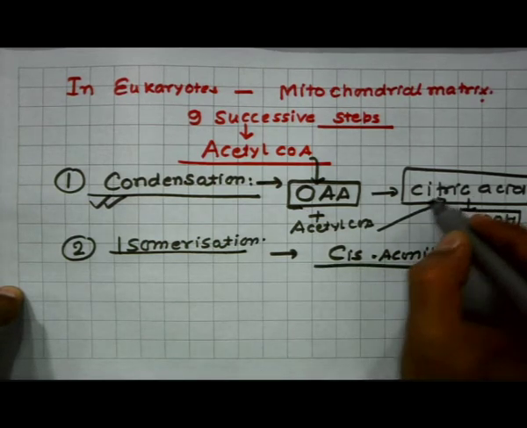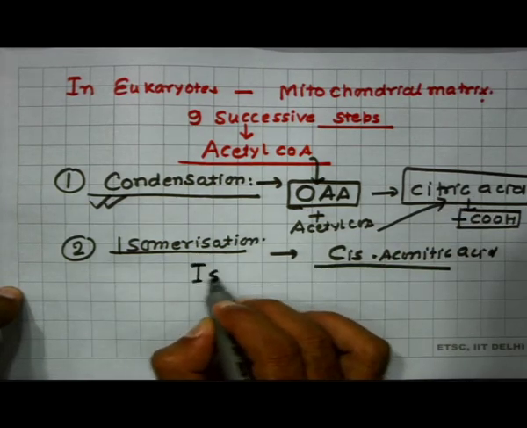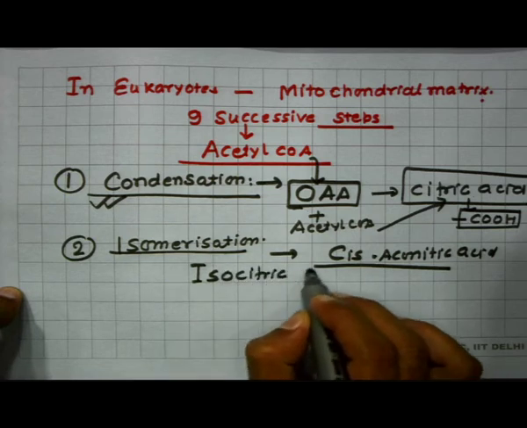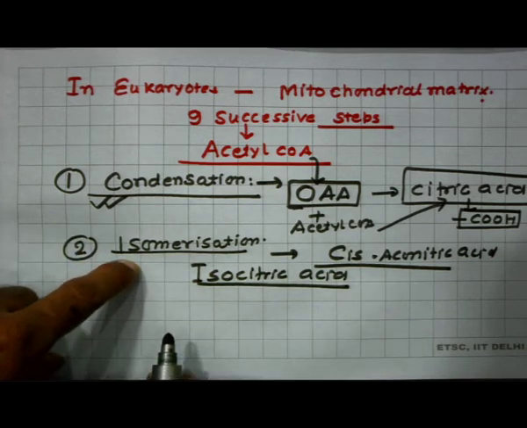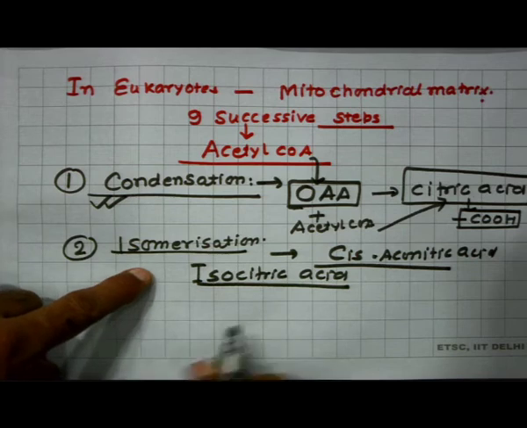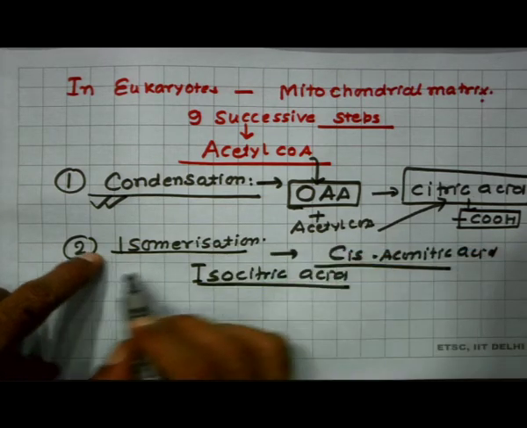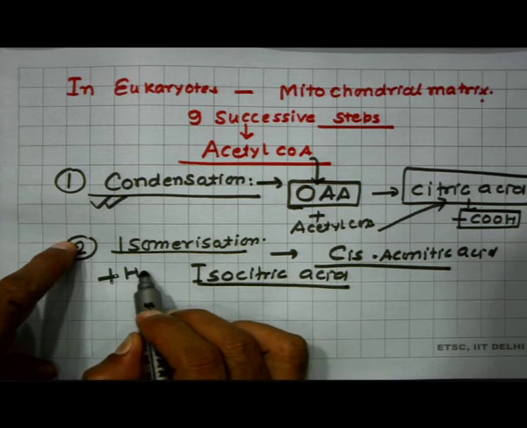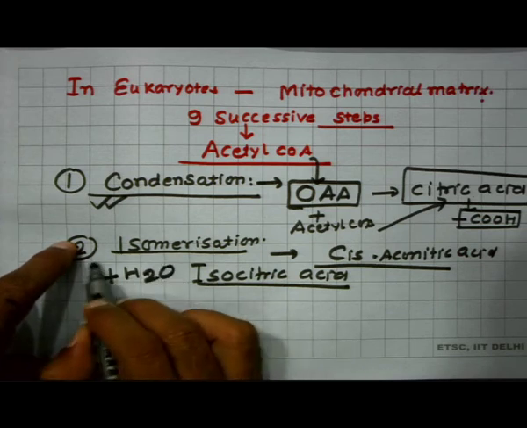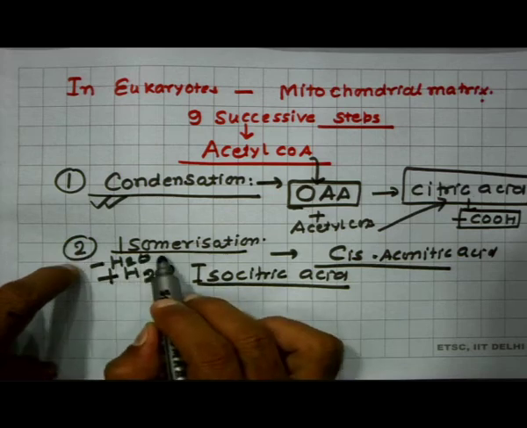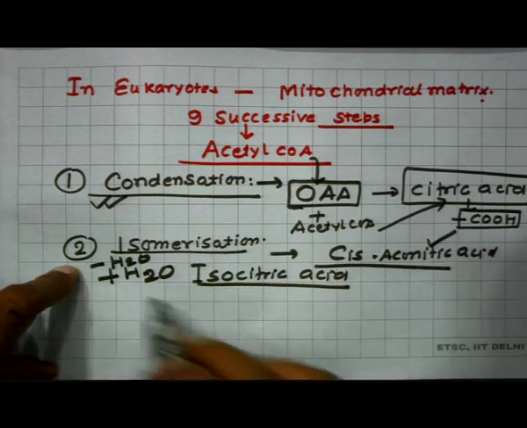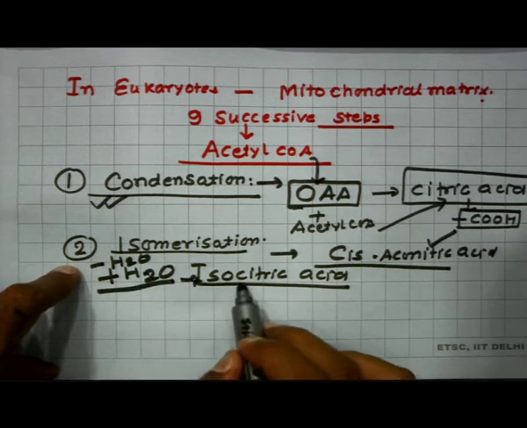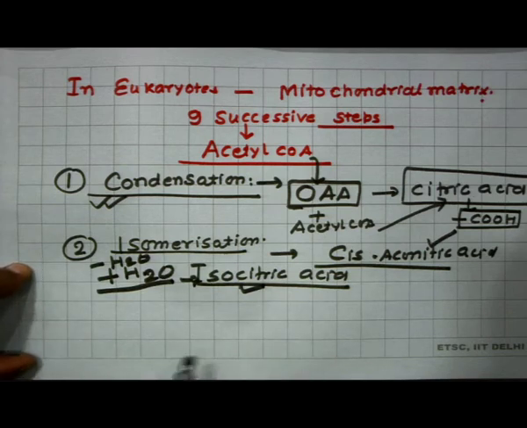We will see this in my next class. Here water is going to be added or removed. When it is removed from citric acid, it forms cis aconitic acid. When it is added, it forms isocitric acid. So, the second step of the Krebs cycle is isomerization.